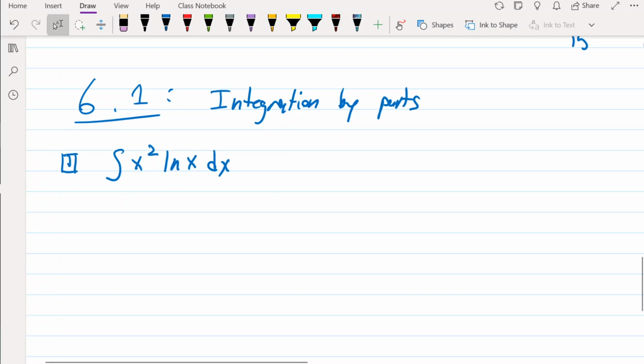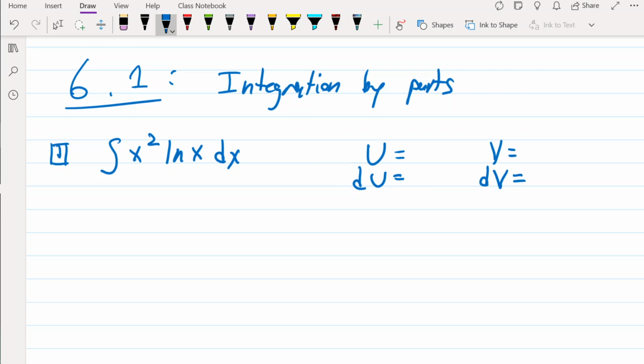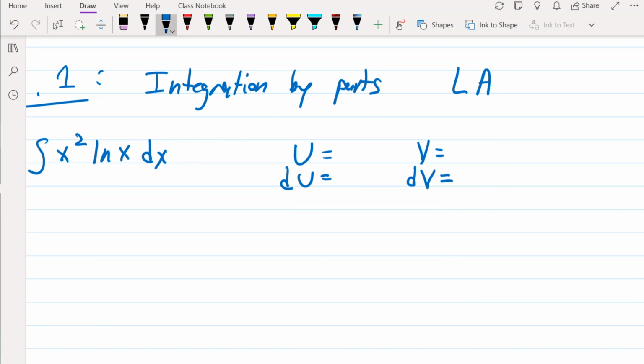So we're going to want to set a u, a du, a dv, and a v. And then I believe it's LIATE. So for logarithms, let me just look up the entire acronym. I don't remember the entire saying.